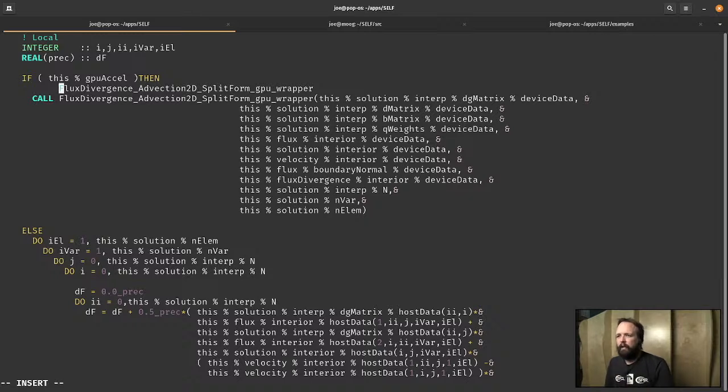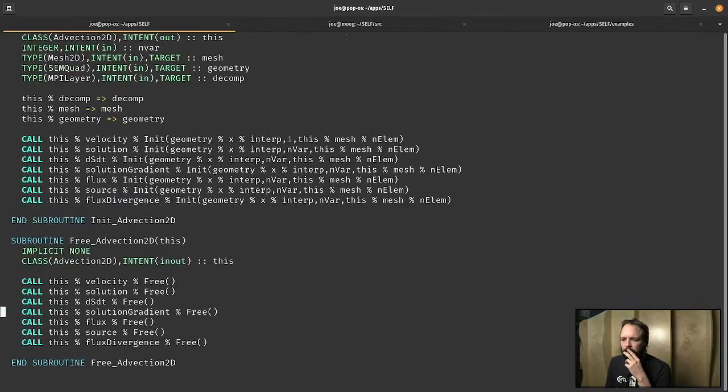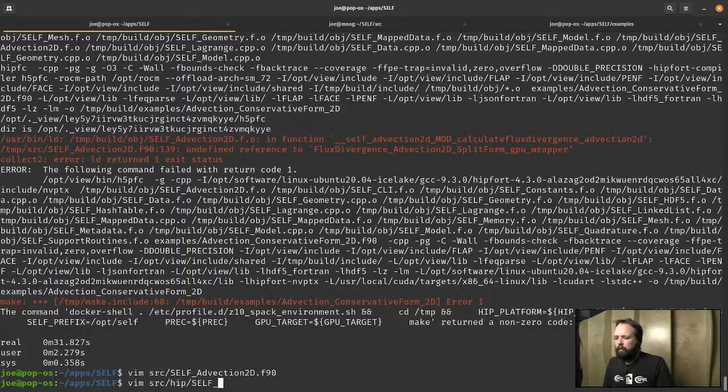That looks okay. I suppose this is the other one that could be a problem, and then what I'll do is make sure in the hip module.